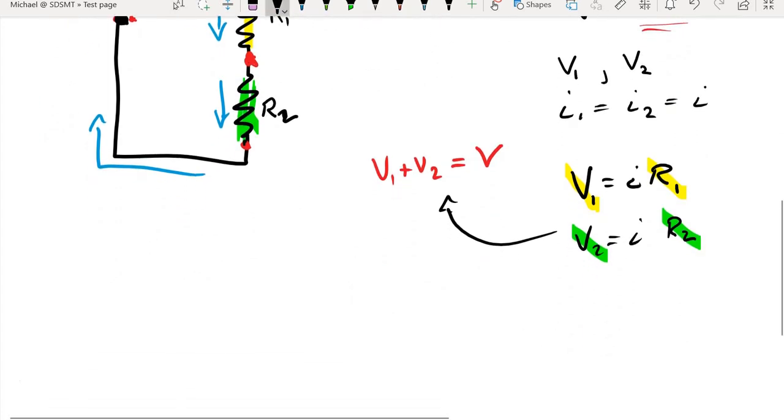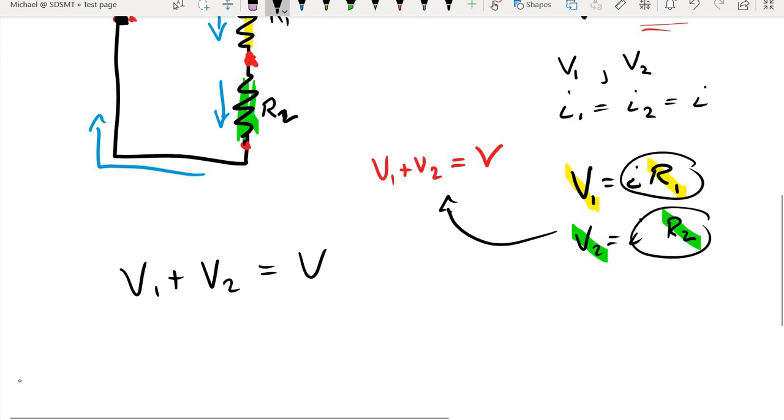And what this allows us to do, since potential of resistor 1 plus potential of resistor 2 has to equal the potential of the battery, we can now make the necessary adjustments. We can factor out the unknown current of the circuit.